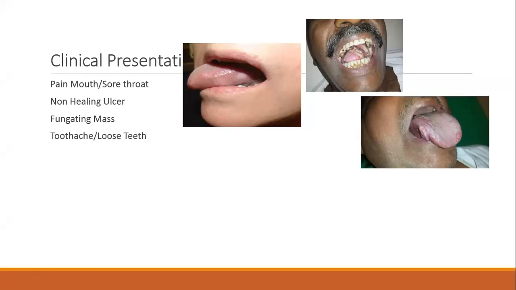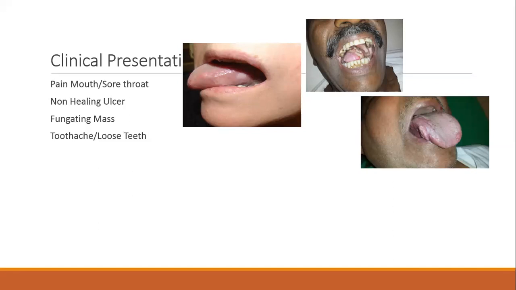Okay, now a lot of people come to us saying that they had a toothache, they went to the dentist, the dental surgeon removed the teeth, but my pain is still there. Now, if the dentist is a clever one and has examined the gums properly, then he would have picked up that the cause of the toothache or loose teeth is not the teeth itself, but a surrounding tumor. If they do a proper examination, then they can detect this.